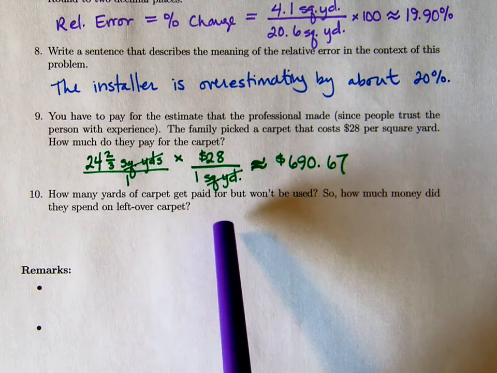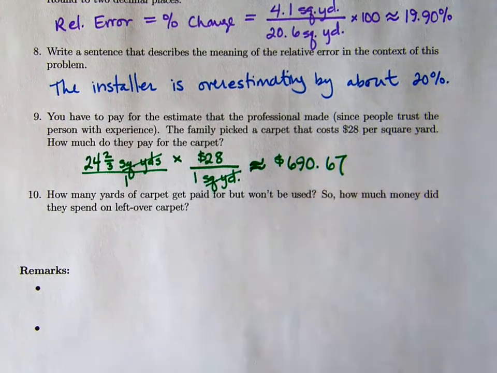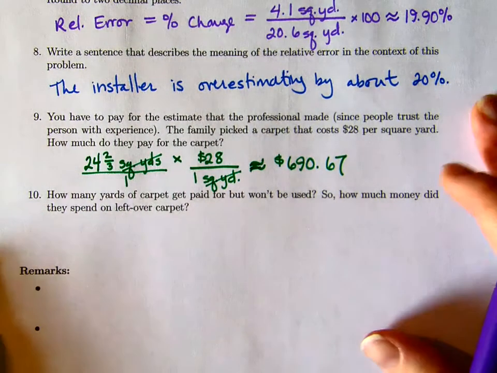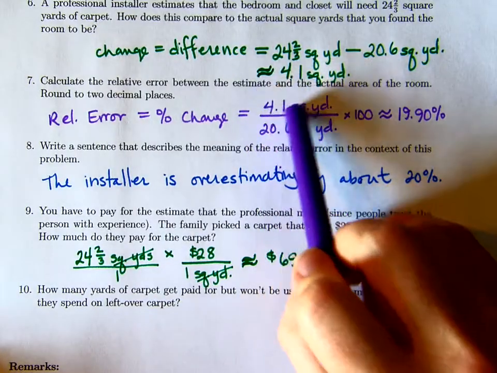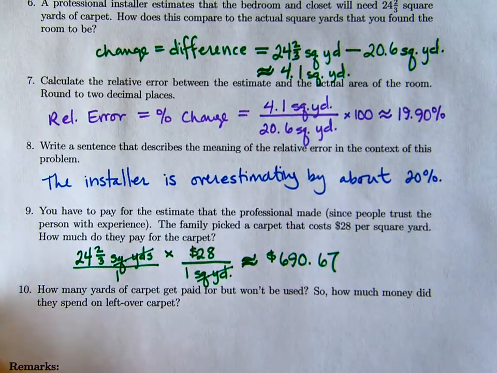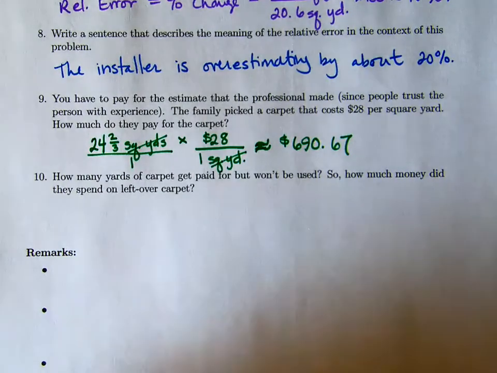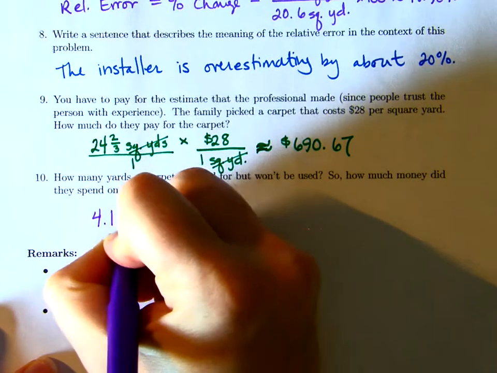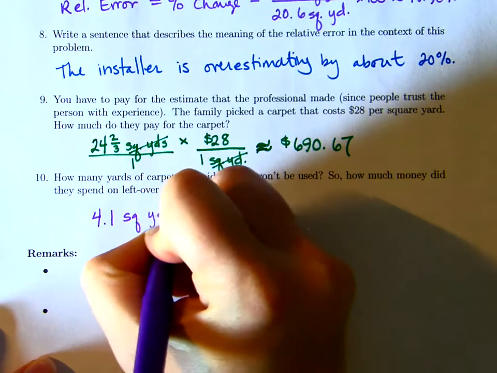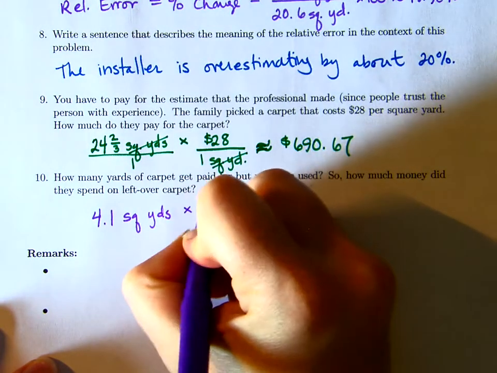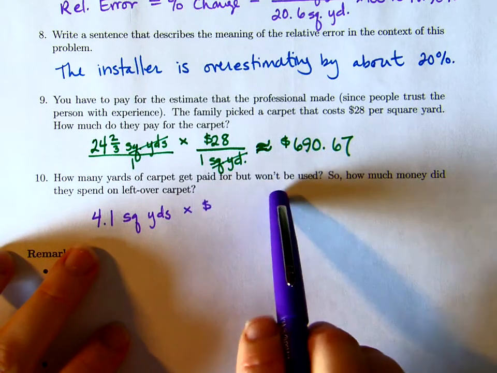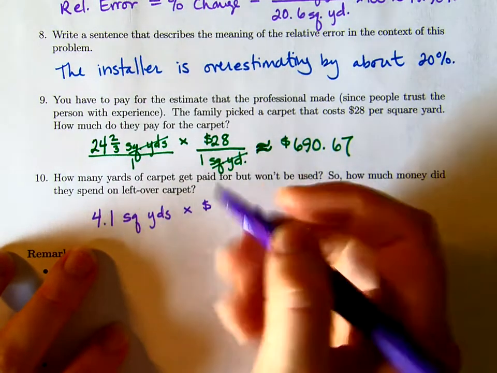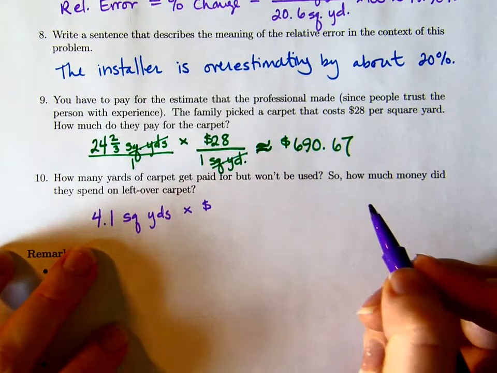But so how much did we pay for that won't be used because it's just sliced off and put somewhere? So, well, we found the difference, 4.1 square yards. So that is 4.1 square yards that get paid for but don't get used.